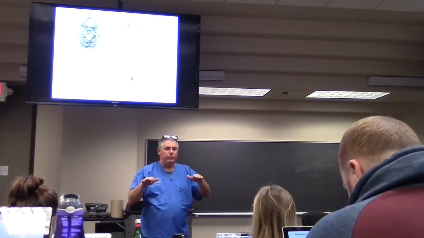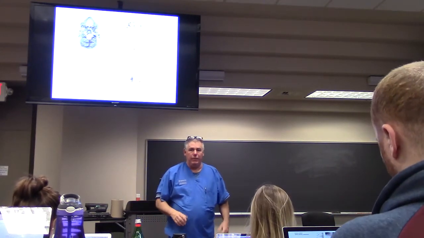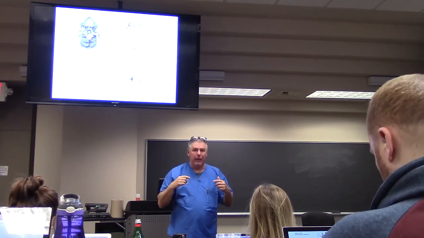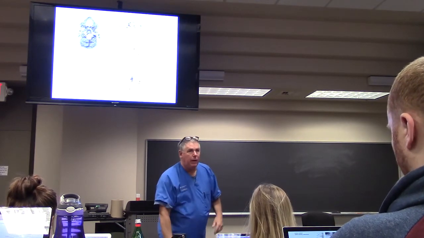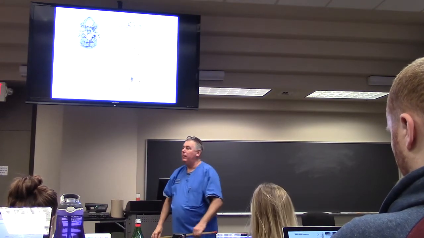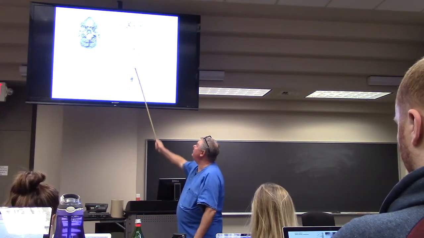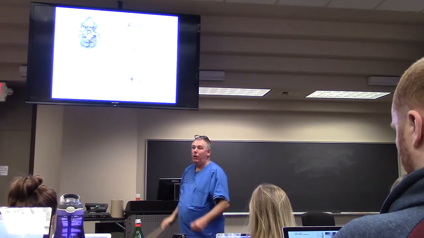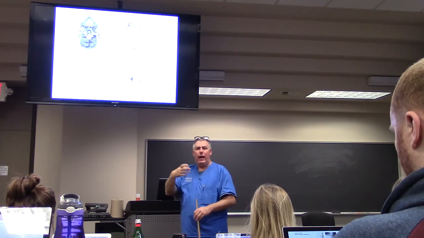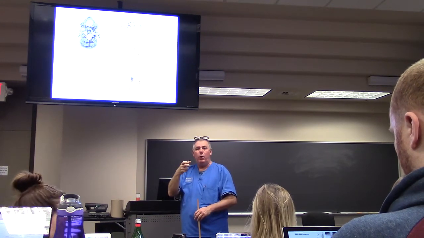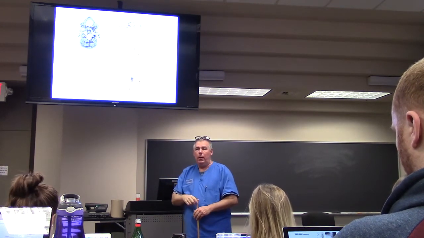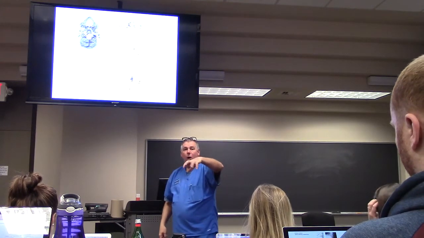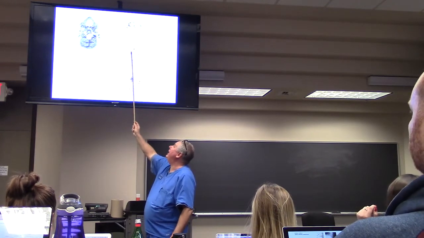The shape of those facets allows for the motion of the head on the atlas to be like you're saying yes. That's the typical movement there. Versus the atlas on the axis, those facets are more flat, and it allows sort of a no motion that's essentially revolving around the dens.